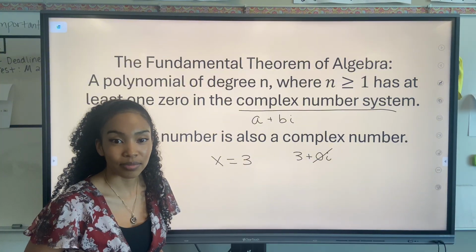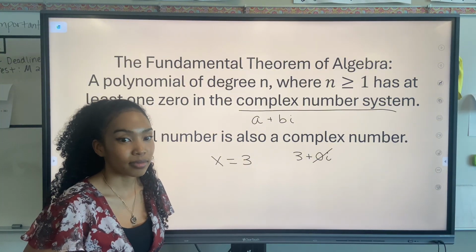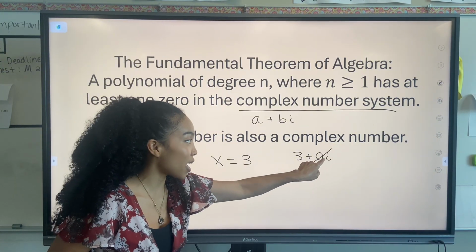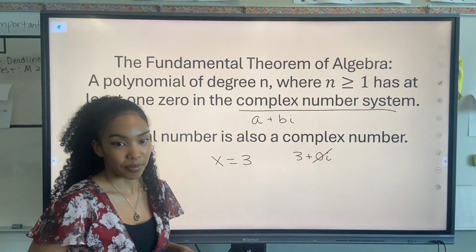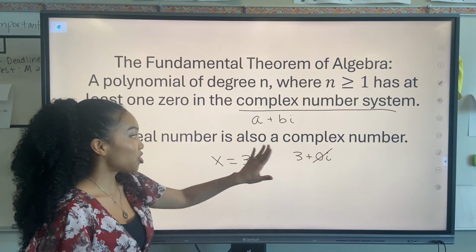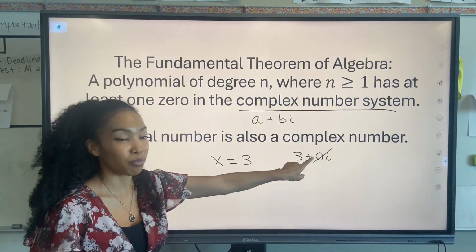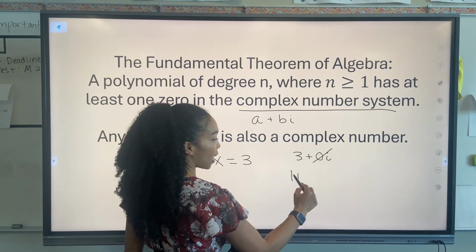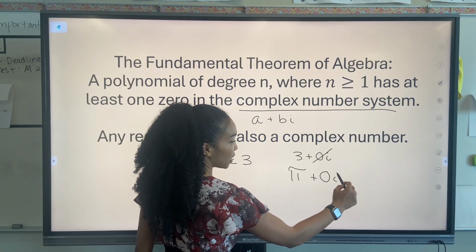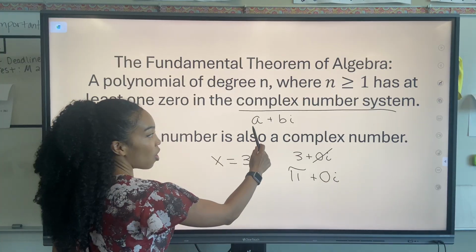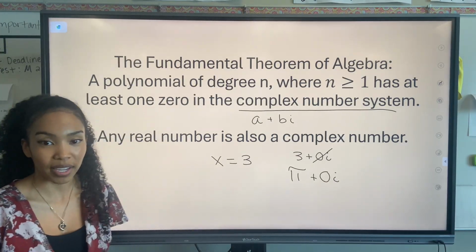Yes? So why would you remove the i though? Because 0 times i is just 0. But this just goes to show any number you can think of, you can write it as a complex number. So if you think of pi, you can make it complex by writing it like this. Complex numbers all have this format, okay?